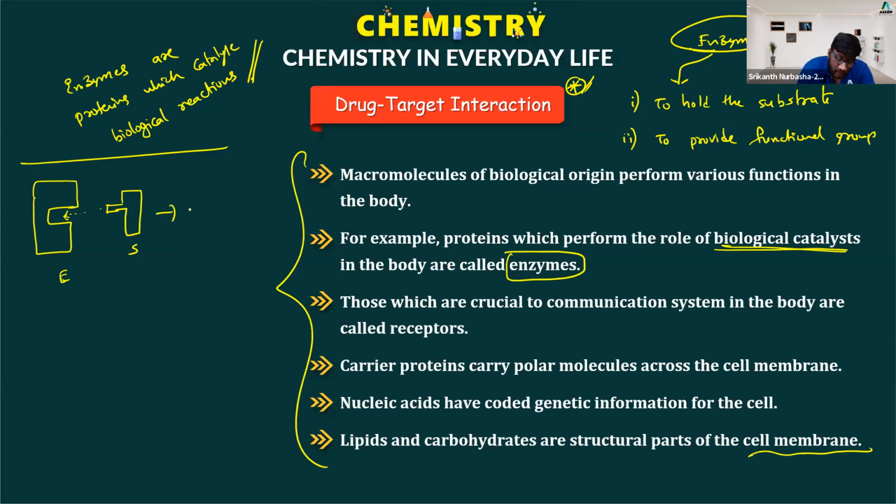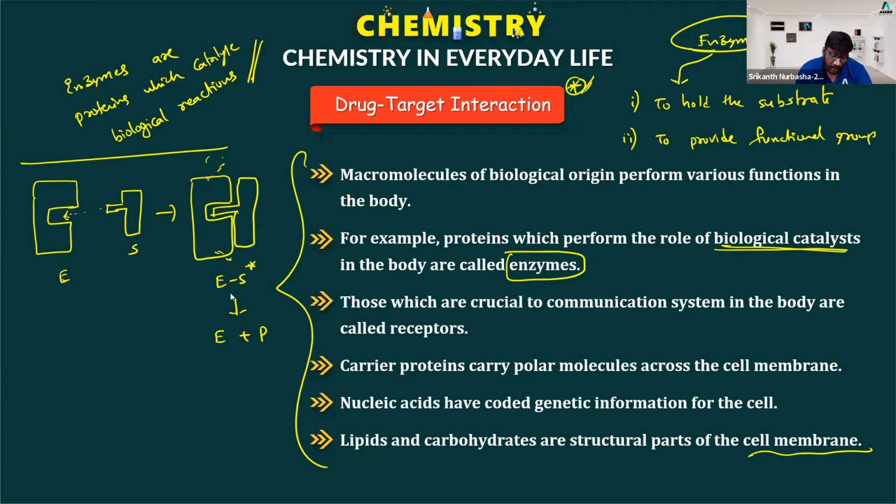After the binding occurs, we form the enzyme substrate complex. This complex gives rise to enzyme and products. The enzyme has to provide the functional groups, which react with the substrate to form the product, and the enzyme is released back. Like that, the reactions happen.